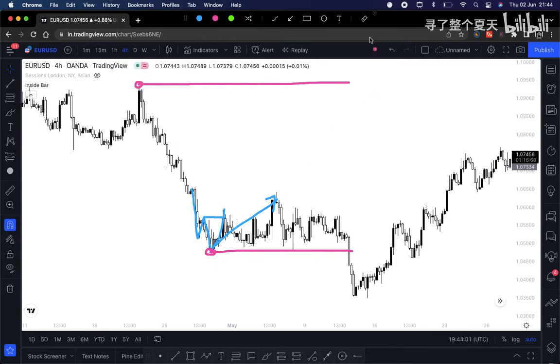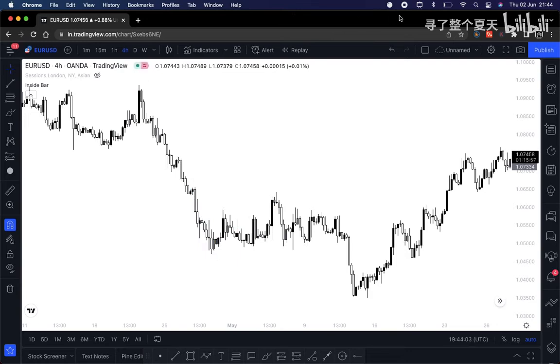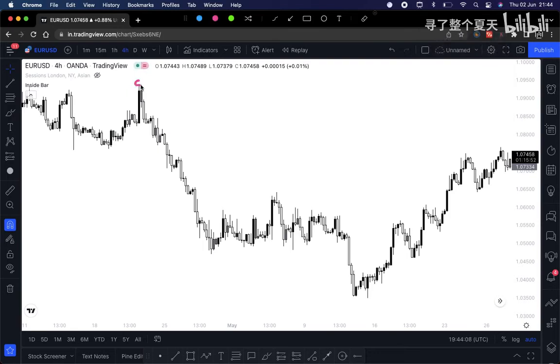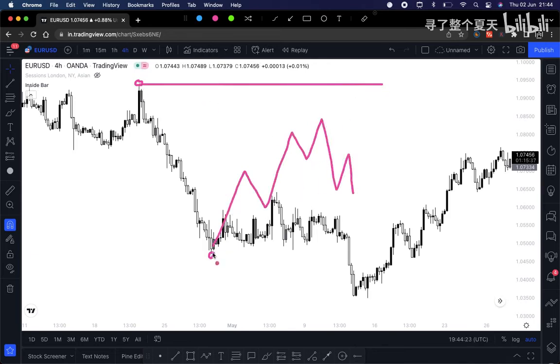Even if you get, okay, this is my swing high, this is my swing high, this is my swing low, that's your price swing. Even if in between you get major movements like this, again, that's classified as internal structure because we are still trading within this range.